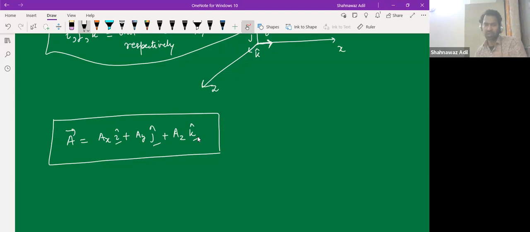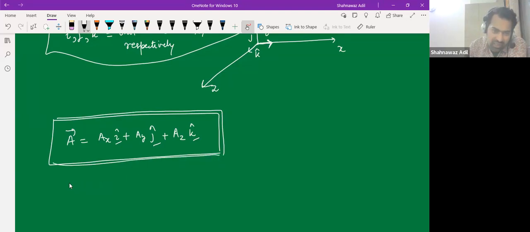Yes, sir. So, what is the important thing about vectors? It has two crucial things: one is the magnitude, and the other one is the direction. Let's say the vector is given in this form.